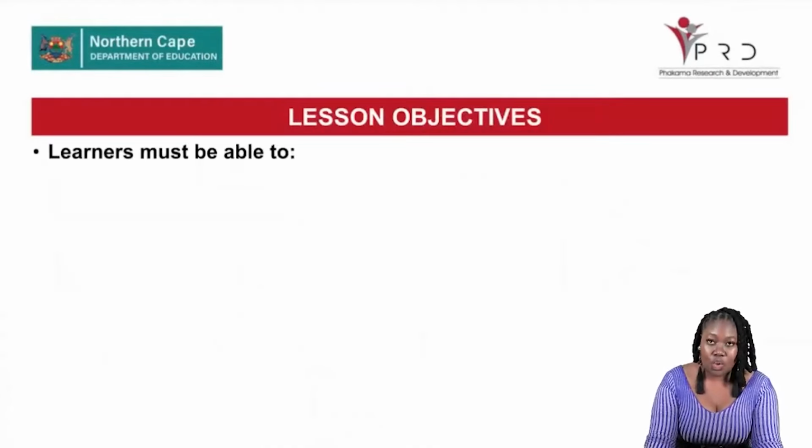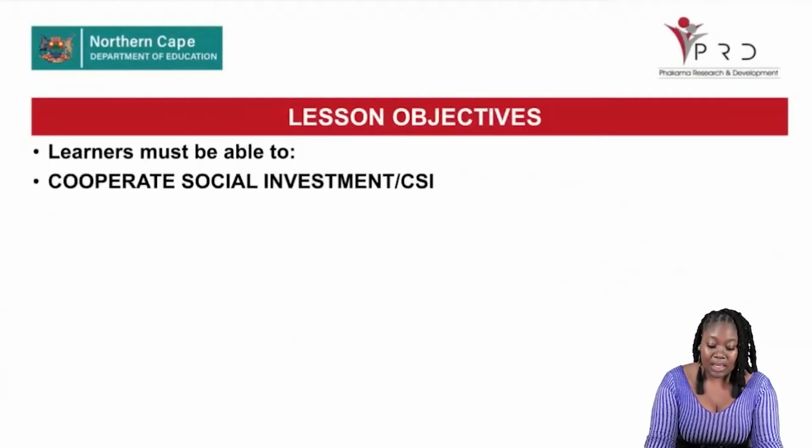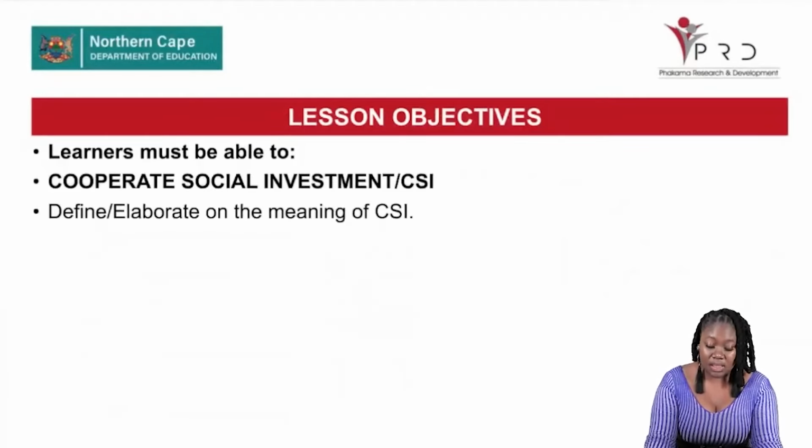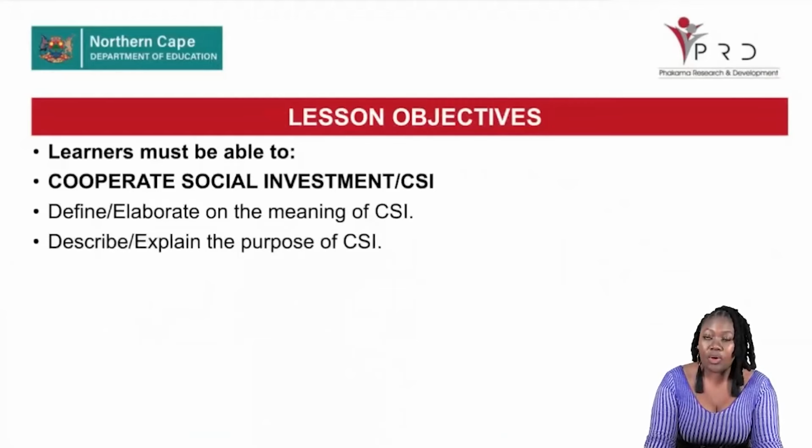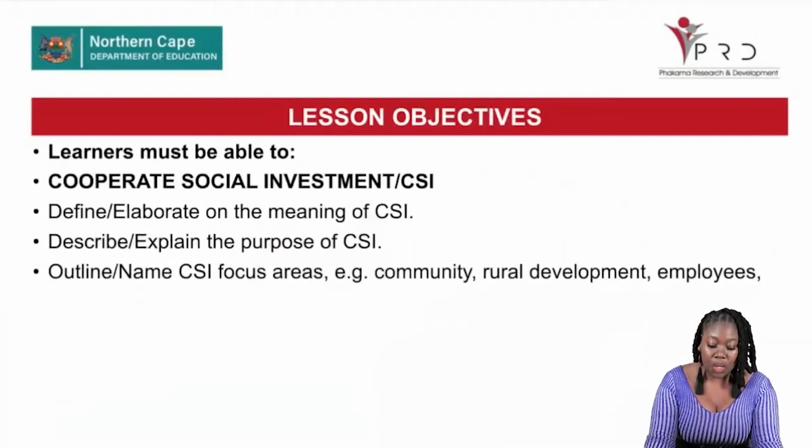Okay, and then also you need to be able to, under corporate social investment or CSI, elaborate on the meaning of CSI or define CSI. You need to be able to describe or explain the purpose of CSI. You need to be able to outline or name CSI focus areas.